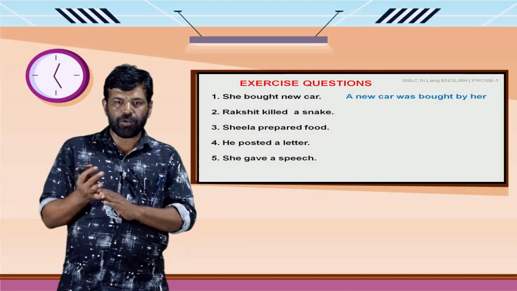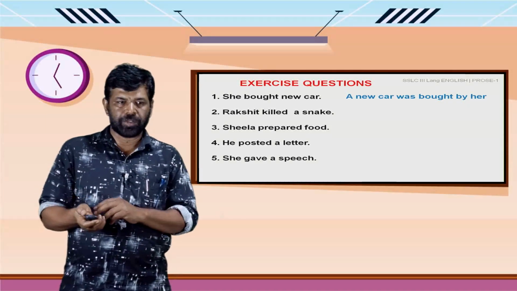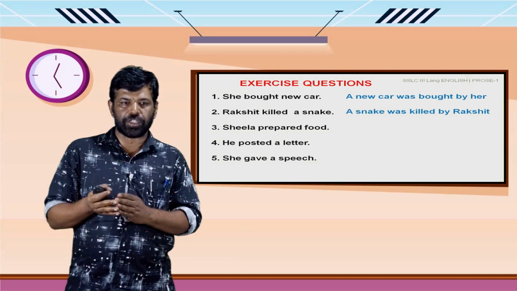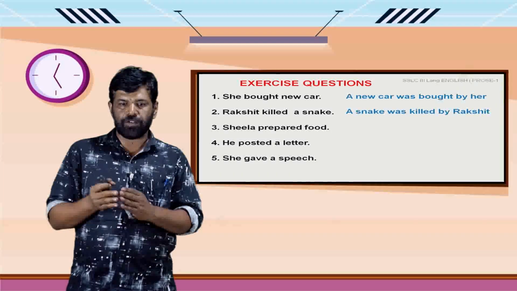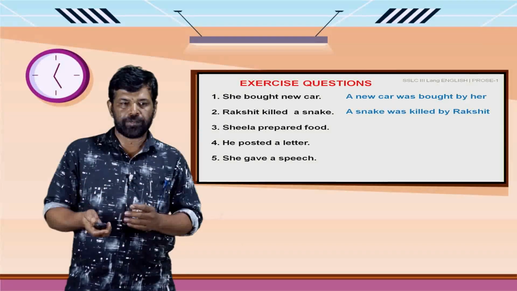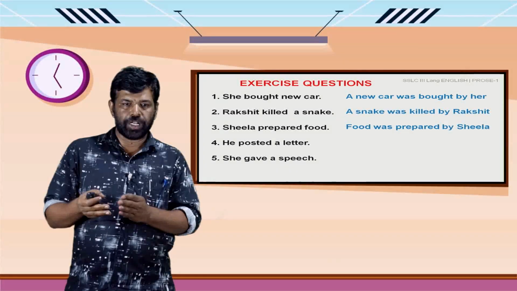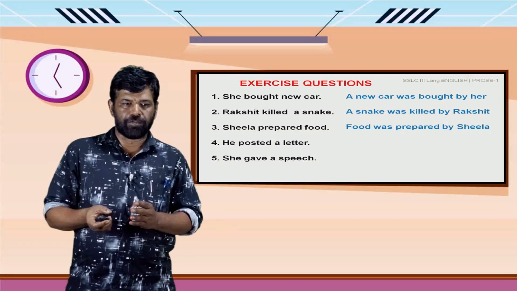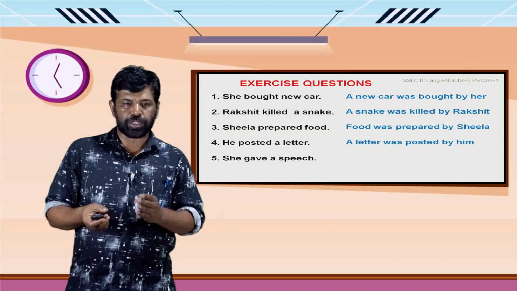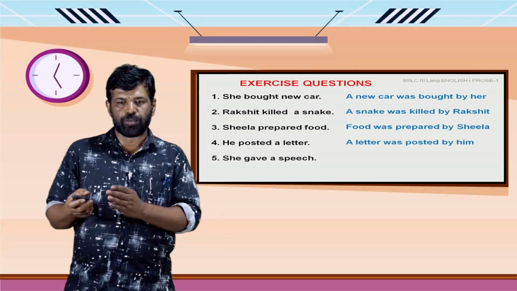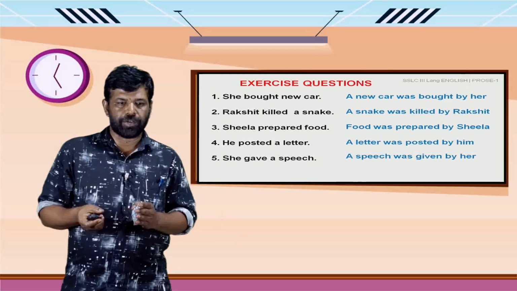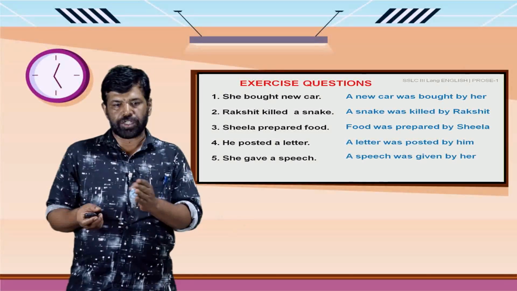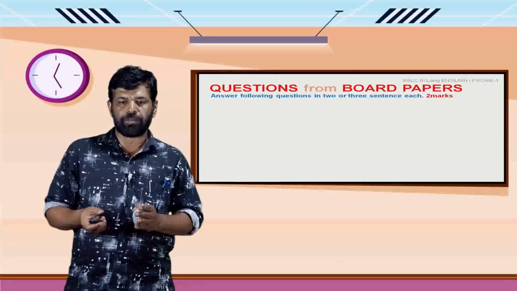Yes, a new car was bought by her. For the second sentence, Rakshit killed a snake, a snake was killed by Rakshit. Then Sheila prepared food, and food was prepared by Sheila. The fourth sentence is he posted a letter, and a letter was posted by him. She gave a speech was changed to passive as a speech was given by her.